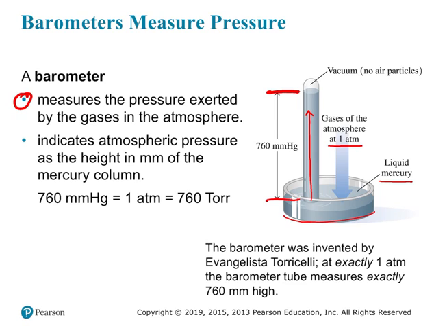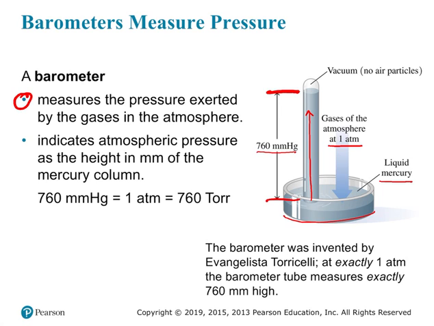Normally, at sea level, atmospheric pressure is equal to 760 millimeters of mercury. So if we measured the height of this column, it would be 760 millimeters, and then we just add mercury on the end. That's where that unit comes from.